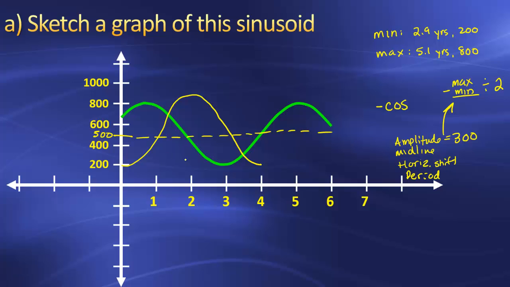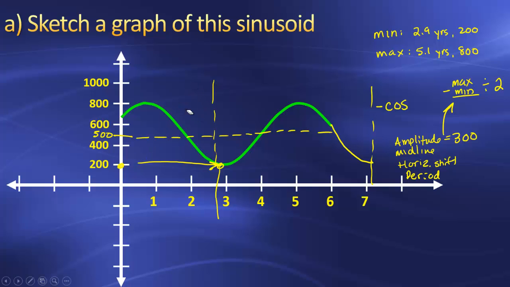Okay. Horizontal shift. Here's why I started here: if our minimum is at 200, I know that occurs at 2.9 years. So I'm going to shift this over to 2.9 years. So I take this whole thing, and now if I continue this down, I'm looking at this. And I know that its maximum occurs at 5.1 years. This is at 5.1, 800.